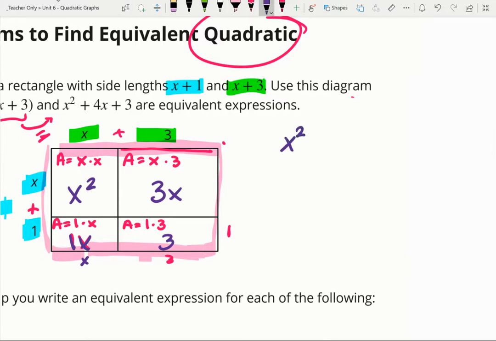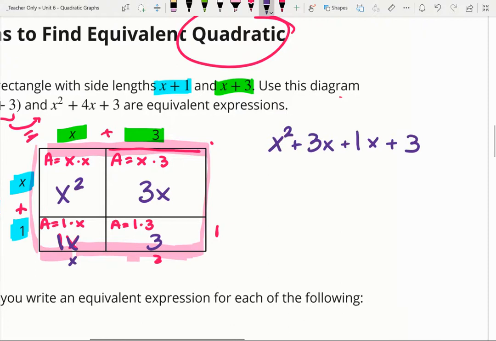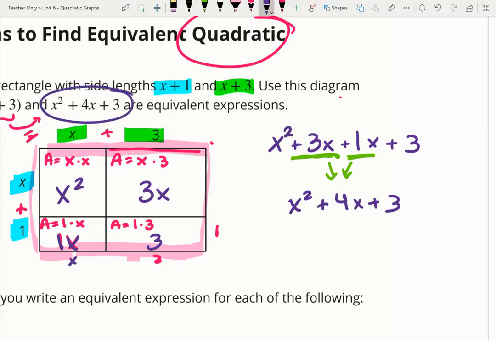So x squared plus 3x plus 1x plus 3. Just like yesterday, we had like terms. So that 3x and that 1x are going to combine here, and we get to simplify this just like yesterday. We get x squared plus 4x plus 3. And that is the equivalent expression that we were looking for.